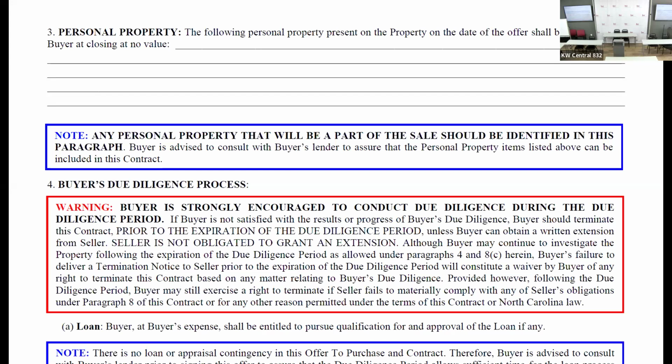MLS information is deemed accurate, but not guaranteed. And again, same thing. I had a listing with an old jacked up refrigerator in the kitchen.